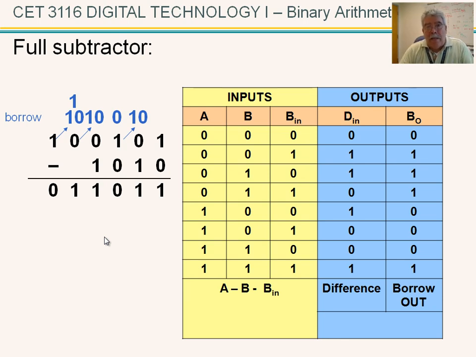As I said, it's a bit more cumbersome than addition. And you're going to see next that usually we get around the subtraction with some other mechanism, some other algorithm that will be explained later.